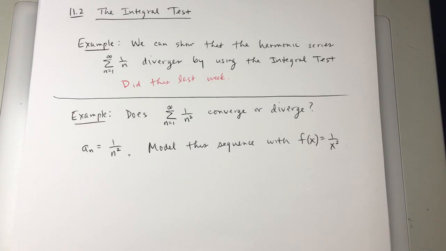So this is what we're doing when we use the integral test. And to use the integral test, I have to have some certain conditions met, that the function must be continuous, positive, and decreasing.